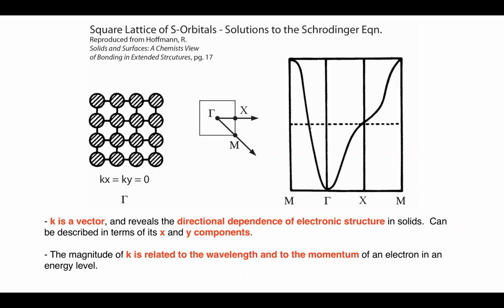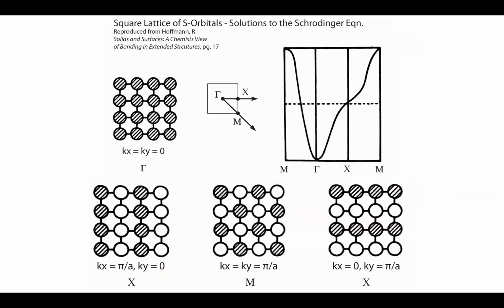That's what the Bloch function gives you: with K equals 0, you don't get a change in sign. Same thing in this direction. Ky is 0, the wave function is not changing sign in that direction. All right, so the gamma point in this diagram here refers to the all bonding combination of hydrogen on this lattice. Let's do another example to help shake that out.